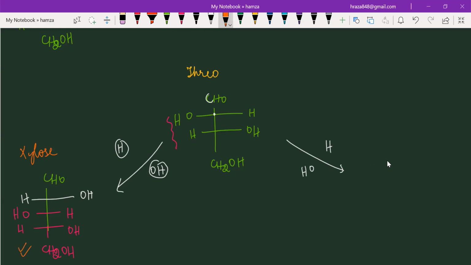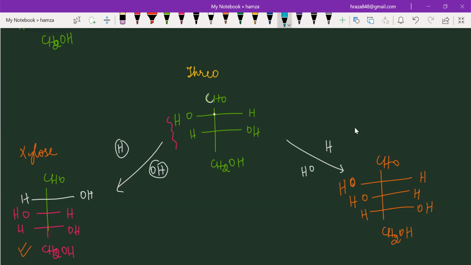Now in the same way, you can see CHO. First we are going to add this H and OH, whatever is written beside, and the rest part is as it is. And its name is lyxose.